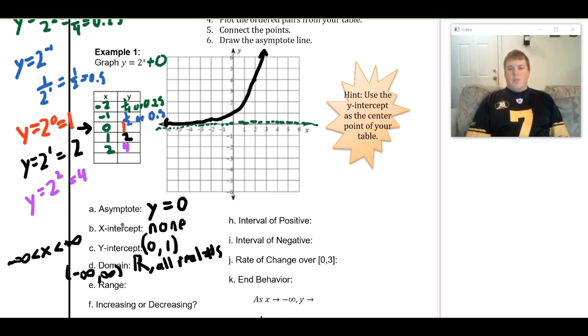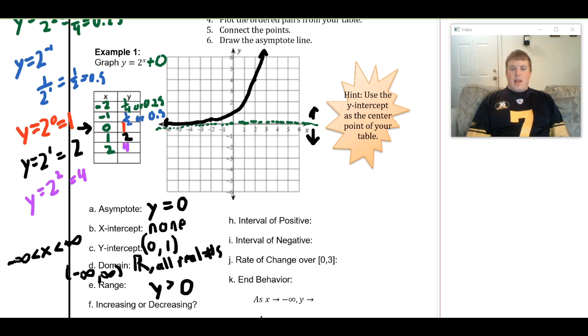Alright, for our range, if you remember from Unit 3, that is going to be based off the asymptote. So remember our asymptote again was y equals 0. Now we want to look at whether we want all the values above that asymptote or below that asymptote. In this case, our graph is completely above the asymptote, so we want the y values that are greater than 0.